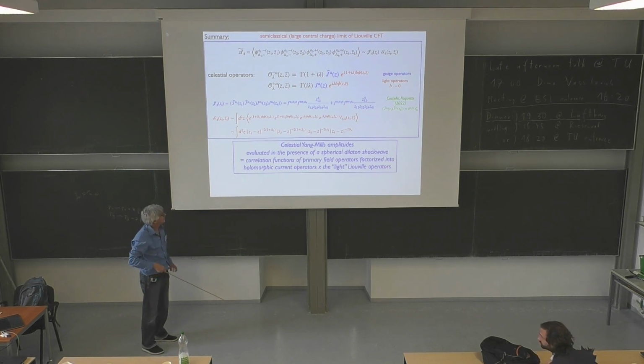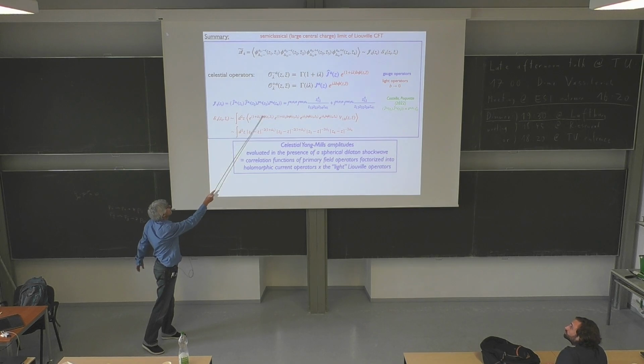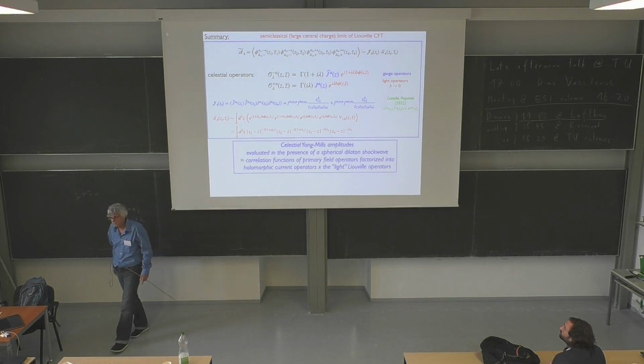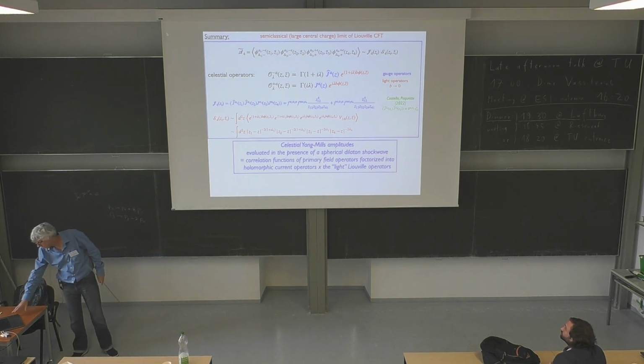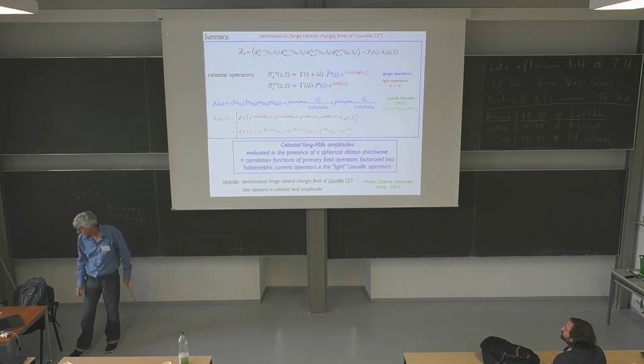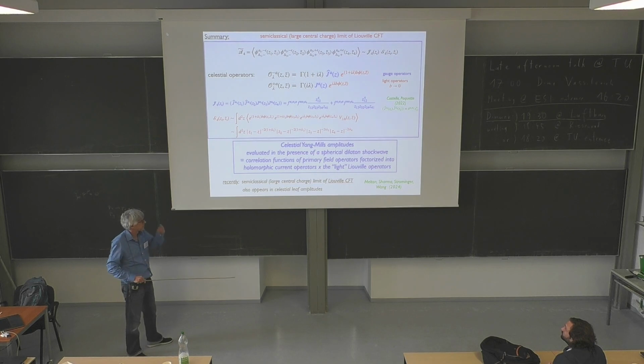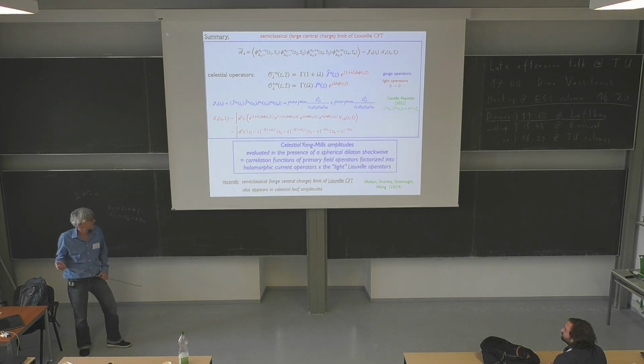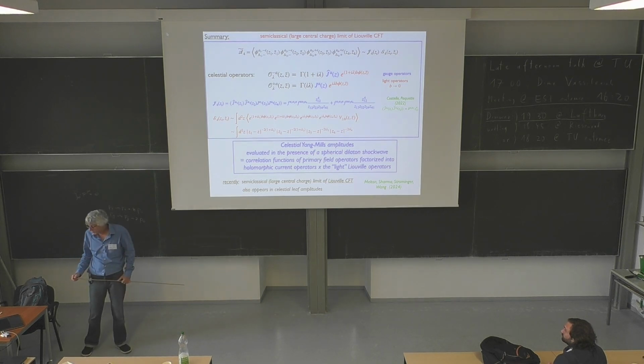Light Liouville operators times some holomorphic gauge factor. And there was a paper a few weeks ago by Strominger et al., who I think adopted this idea of Liouville CFT and discussed it in terms of celestial leaf amplitudes.